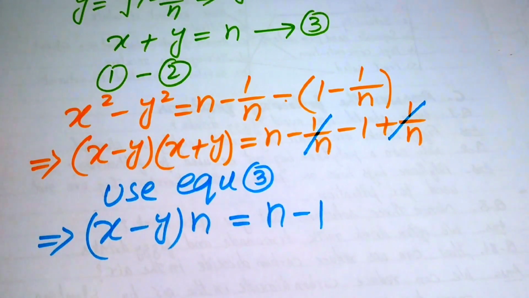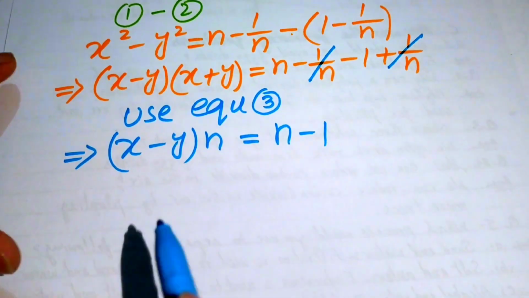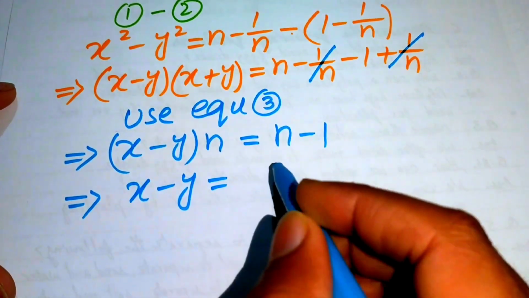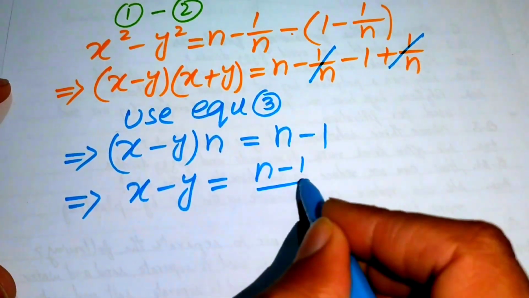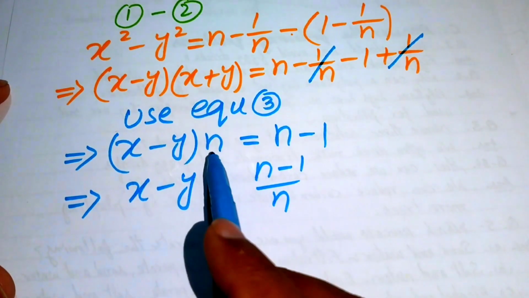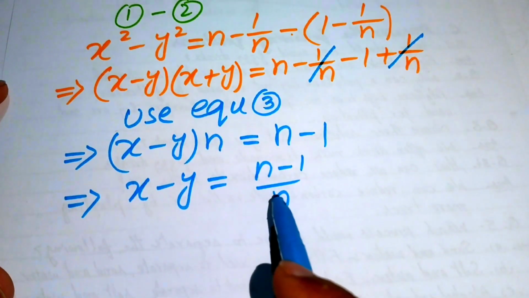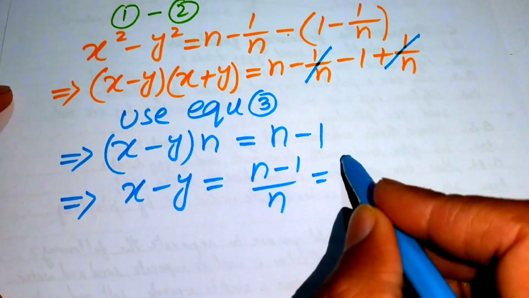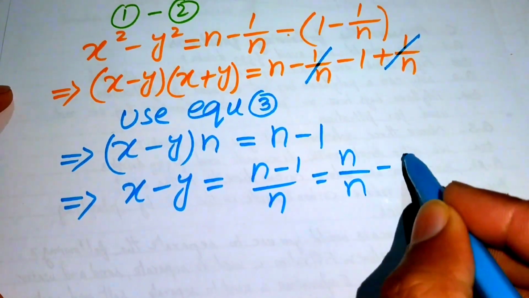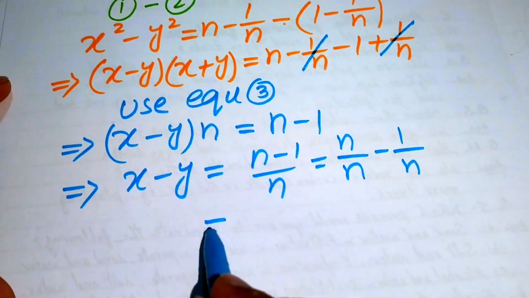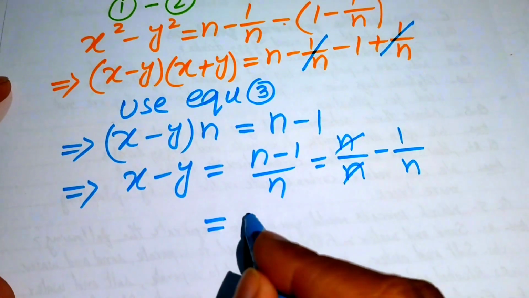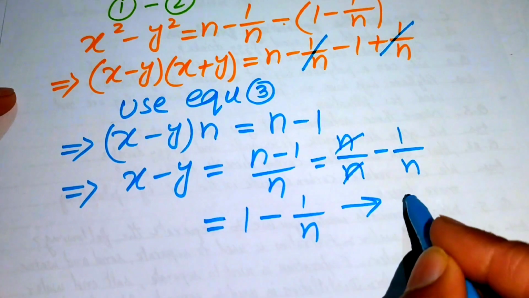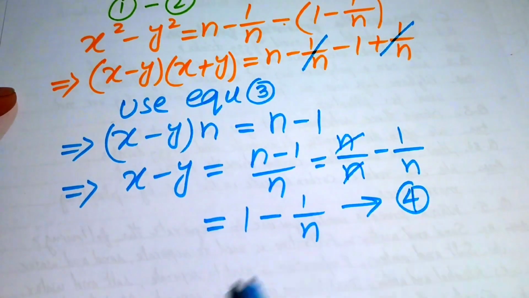And now we move this n to the right hand side, and we obtain x minus y equals n minus 1 over n, because we divide both sides by n. When we separate n over n and minus 1 over n, these cancel and we get 1 minus 1 over n, and we call this equation number 4.